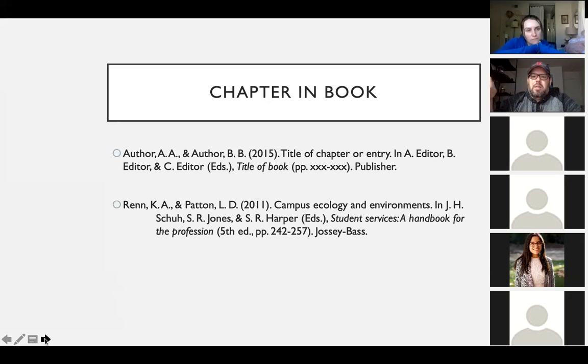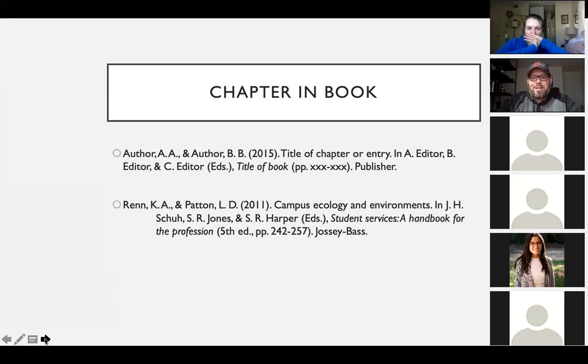So you would write "In" and then the editors' names, and this is in reverse order from how it is at the start of the citation. So you would put their first initial, period, and then the last name of the first editor, followed by a comma, then the first initial and maybe middle initial of the second editor, then a comma. And then after all of the editors' names appear, you would write capital Eds. with a period, in parentheses, followed by a comma.